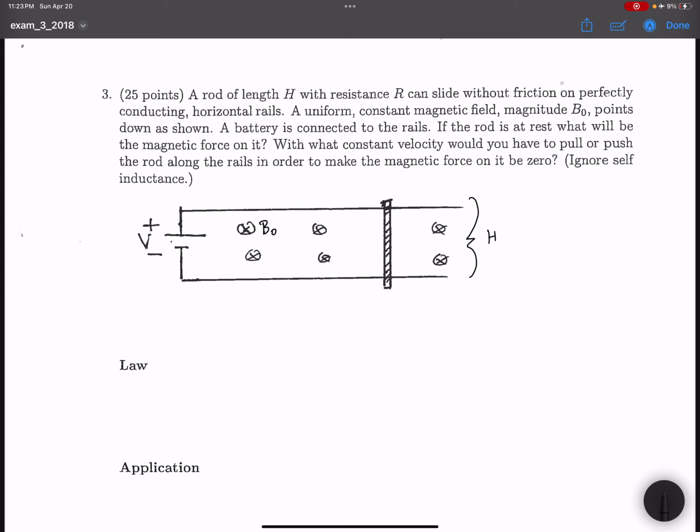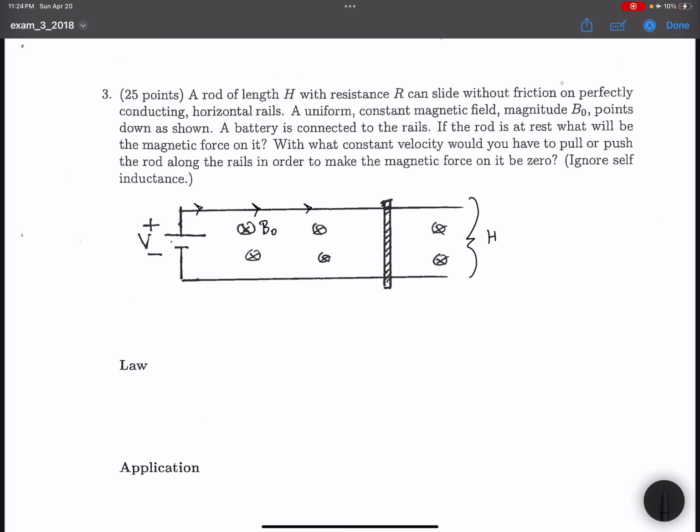There's not only a current from the battery, but there's an induced current from the magnetic field, would you say? Oh, okay, you drew it the same way as me. Right hand rule: if the magnetic field is going in, then the current's going this way.